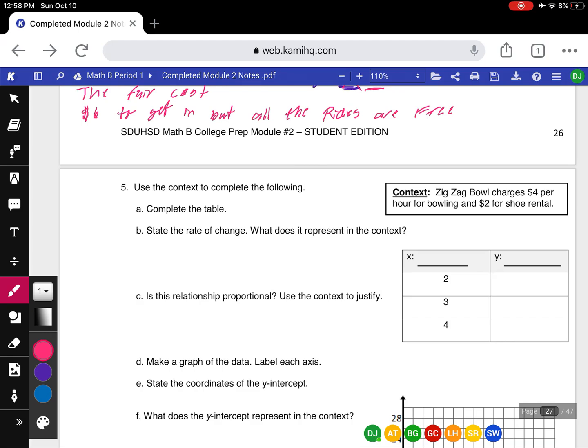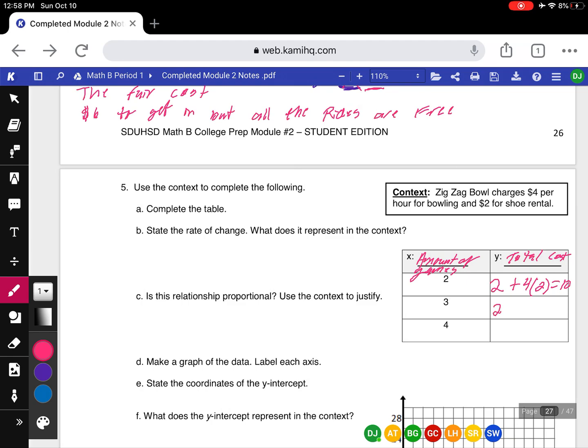The thing that we can control is the amount of games, and then the amount of games affects the total cost. So remember, it's always $2 for shoes, and it's $4 per game, and we played 2 games for a total of 10.